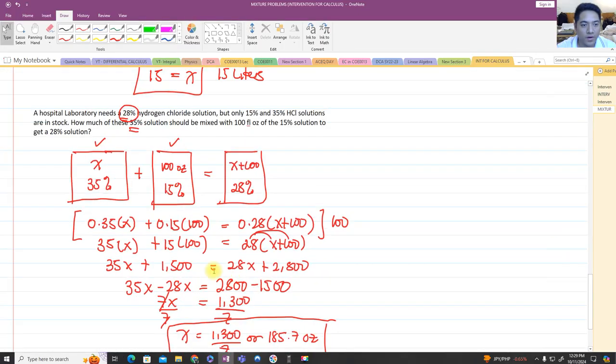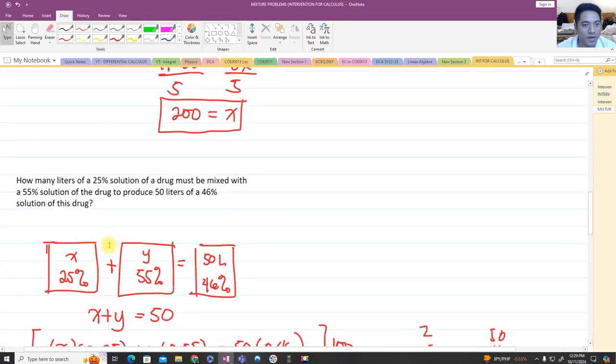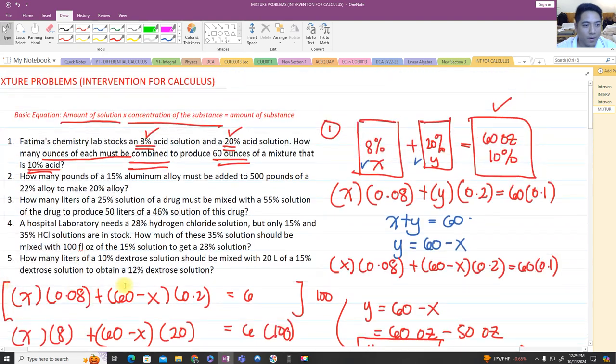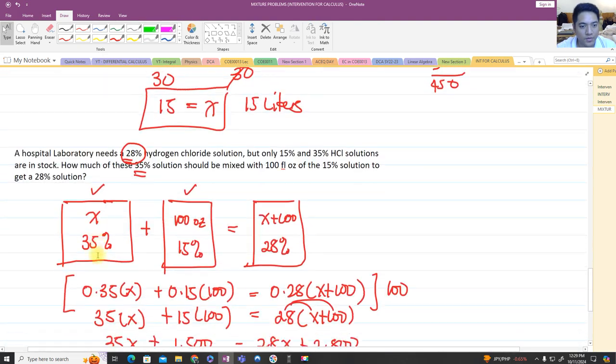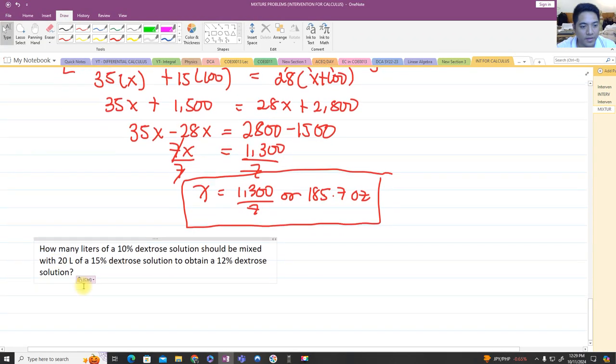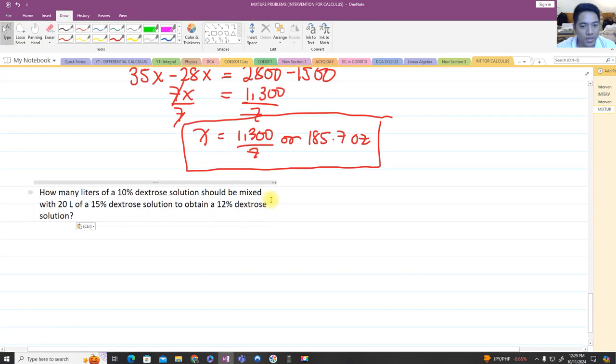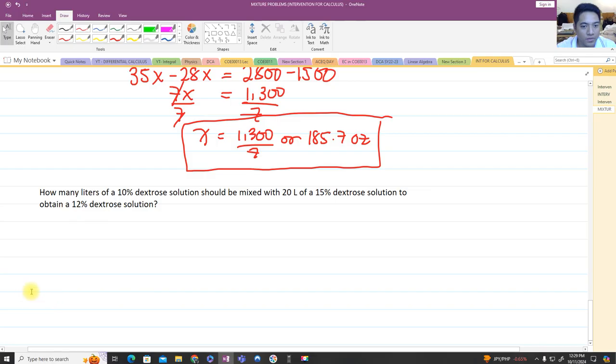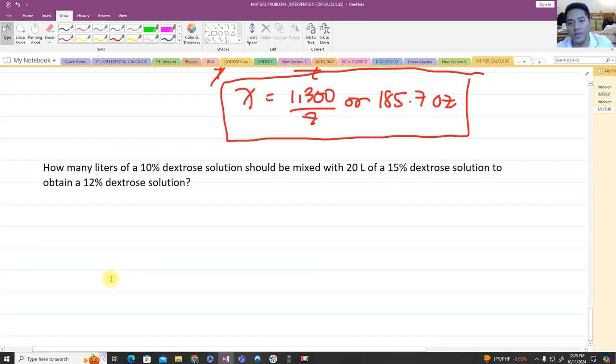Okay. So for our last problem, for this mixture problem, we have number 5, the dextrose problem. How many liters of 10% dextrose should be mixed with 20 liters of a 15% dextrose solution to obtain 12%?